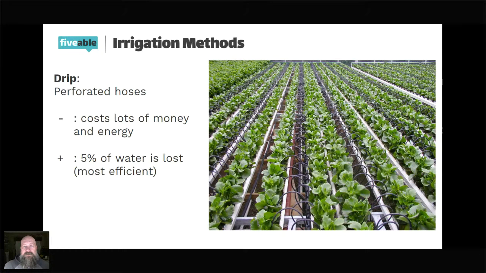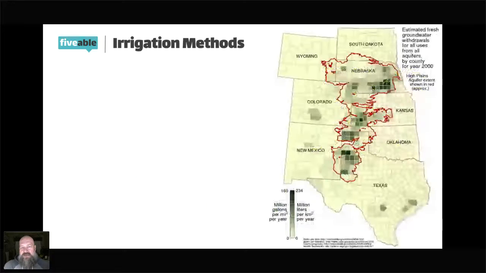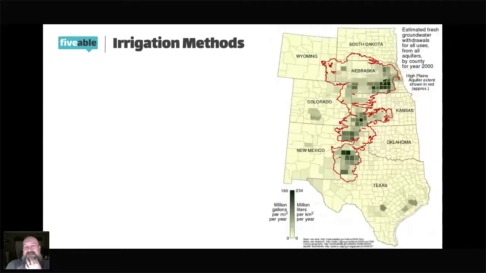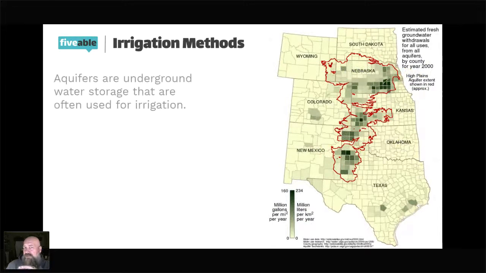Okay, so here's some of the things I want to talk about when it comes to irrigation. This is one of the major problems that we're seeing, is where you get the water from. This right here is the Ogallala Aquifer. Again, aquifers are basically underground storage containers for water.